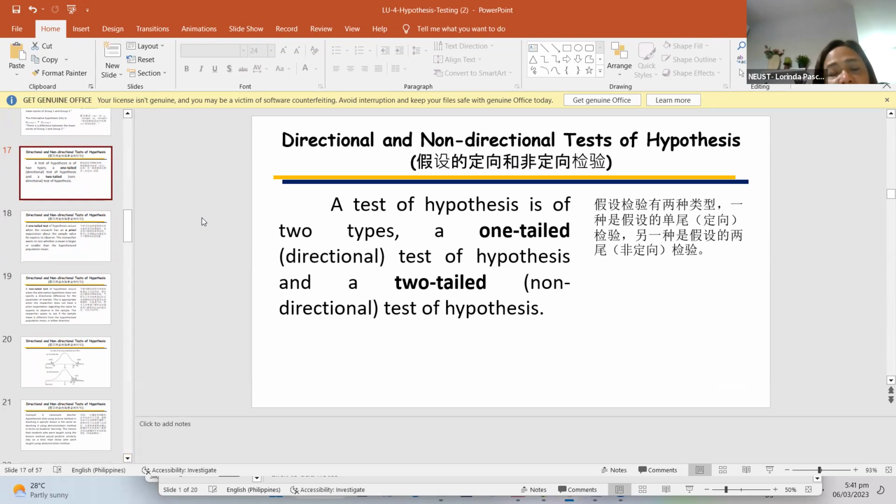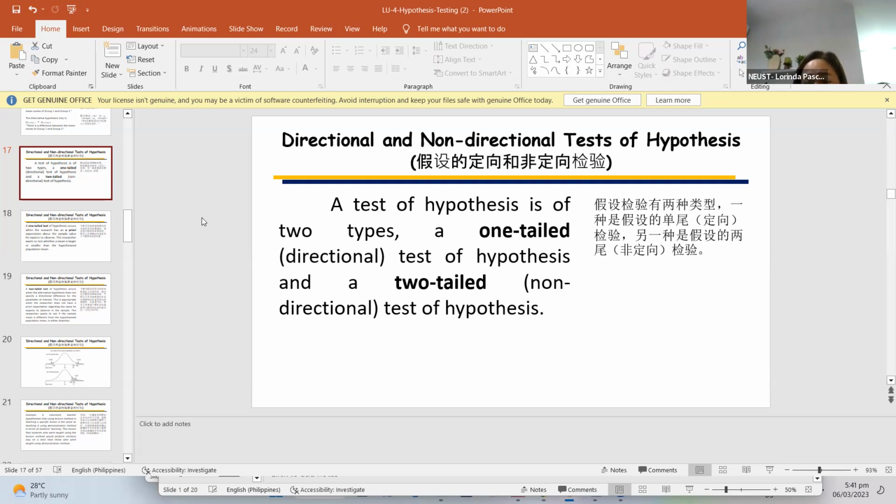Now, we have what we call directional and non-directional test of hypothesis. So dito mo makikita bakit, kung nag-high school stat kayo o college stat kayo, meron tayong two-tailed tsaka one-tailed test. So ba't kaya, tapos magkaiba sila ng value dun sa table.